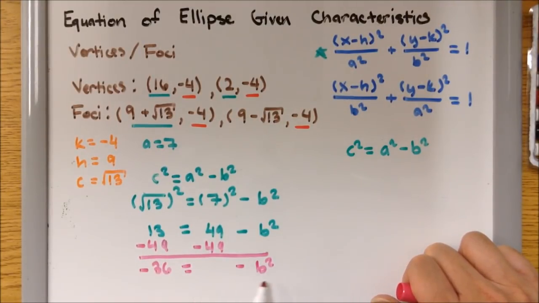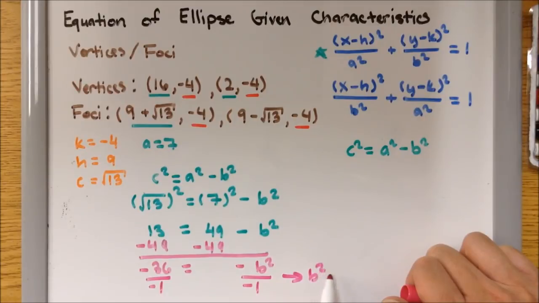But we need a positive b squared, so I'm going to divide by -1 on both sides. Therefore, b squared is 36.